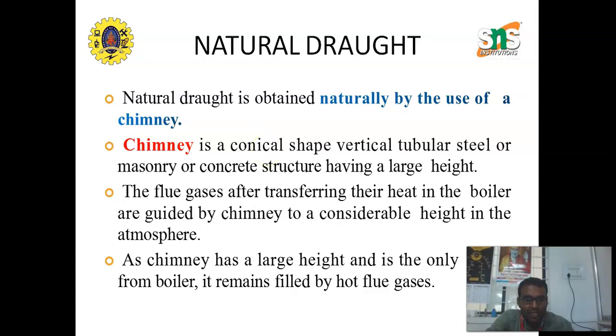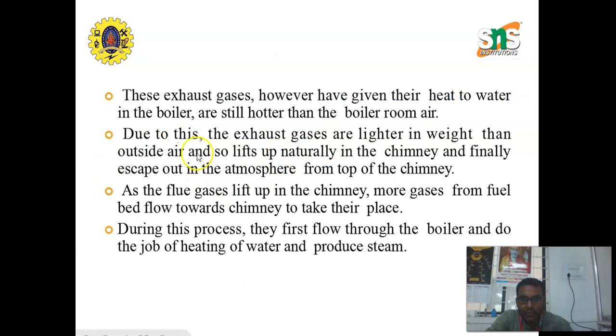As the chimney has a larger height and is the only outlet from the boiler, it remains filled by hot flue gases. These exhaust gases, however much they have given their heat to water in the boiler, are still hotter than the boiler room air. Due to this, the exhaust gases are lighter in weight than outside air and so lift up naturally in the chimney and finally escape out into the atmosphere from the top of the chimney.